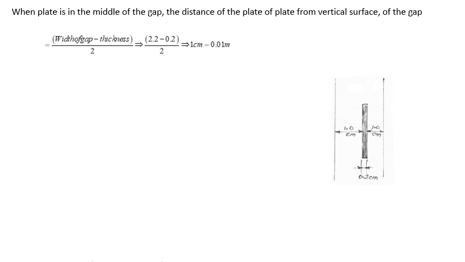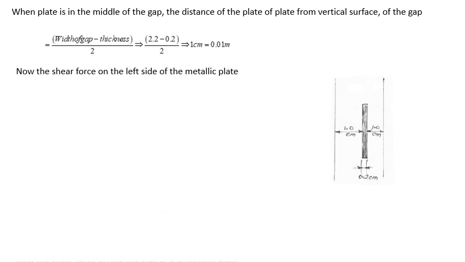The width of the gap is 2.2, the thickness of the plate is 0.2, and the remaining space divided by 2 is 1 centimeter, that is 0.01 meter. That means the distance from the surface of the plate to the vertical surface is 1 centimeter on both sides of the plate.